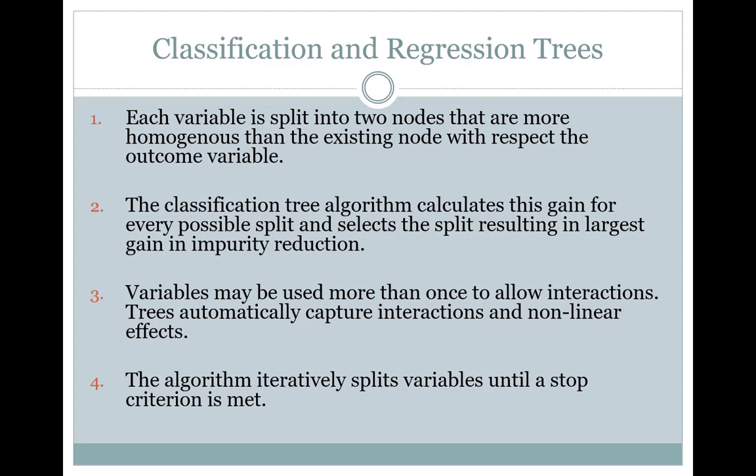So you want the largest gain in impurity reduction. There are different measures of impurity. Now, as you do this recursively, variable by variable, you always try to select the variable that reduces impurity the most.